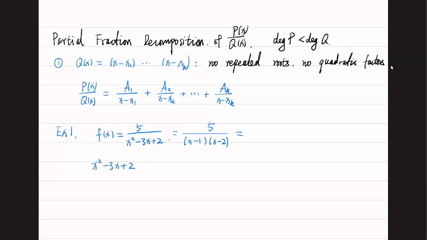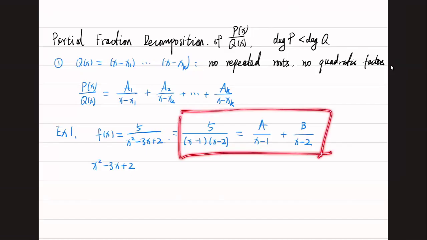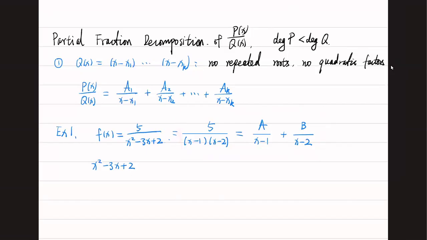How to set it up? A over x minus 1, and then plus B over x minus 2. Okay, so we have set up the partial fraction decomposition. Very simple. Okay, Elisa, what should we do next?